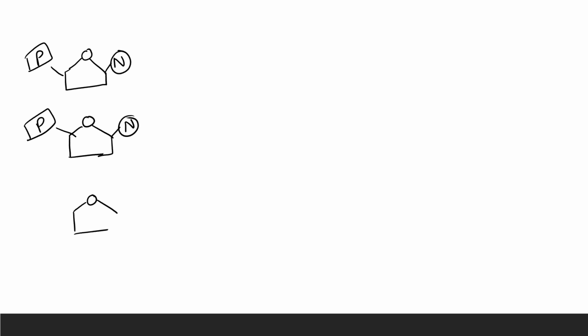So nitrogen is base and we have phosphate, and similarly I'm drawing the next one. Nitrogen is base and we have phosphate. Let's draw one more nucleotide, and now we have the third one, right? Okay. Now let's join the phosphate.